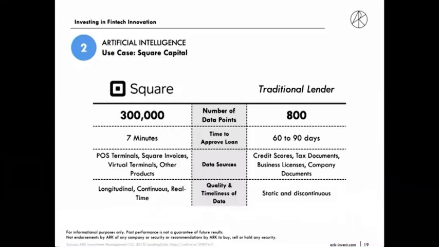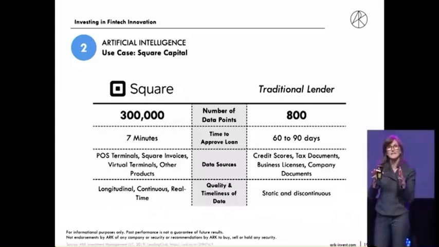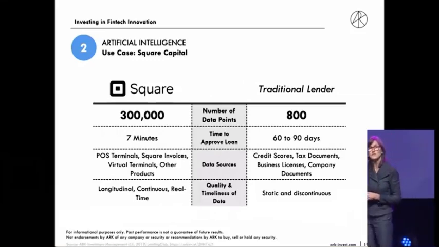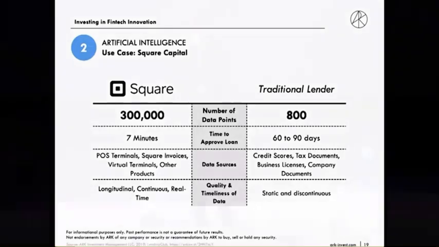And you can see the difference between the kinds of data they're dealing with. Continuous real-time data for Square and discontinuous and discrete for the traditional lender. So there's no competition here. There's just no competition. And then finally, Bitcoin.